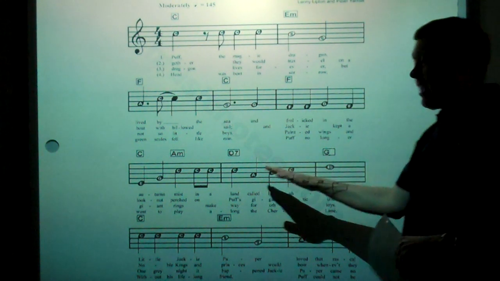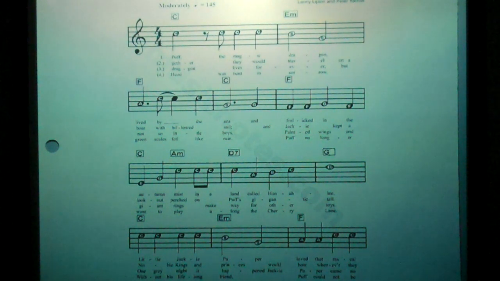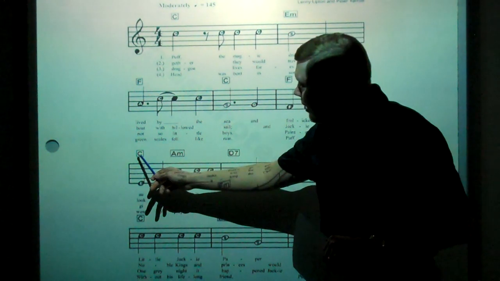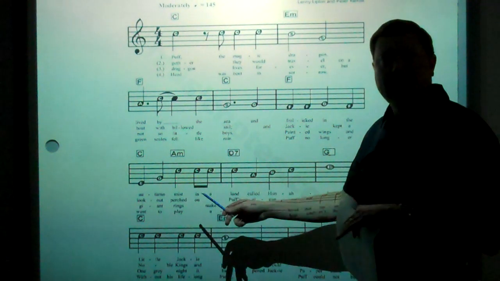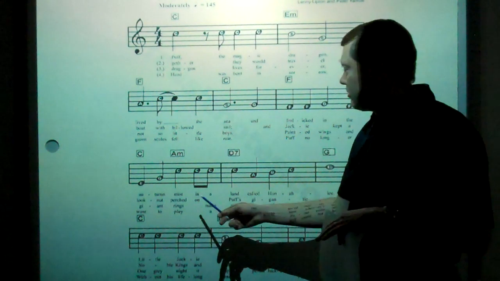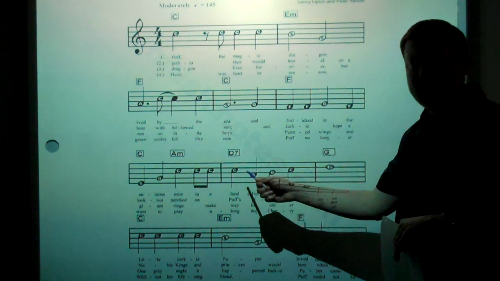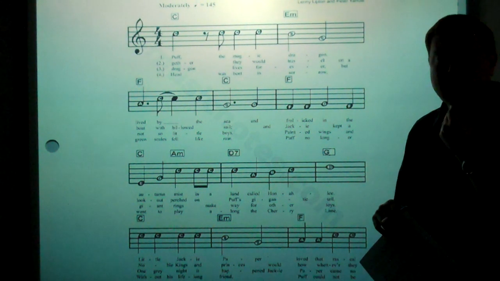Now, how do we analyze this chord if we were using Roman numerals? Well, you might be tempted to analyze this C chord as a capital 1 and the A minor chord as a lowercase 6. That's normal. And then you might be thinking, well, D is the root of this chord, so I need to label it as a 2 chord of some kind, maybe a 2-7.